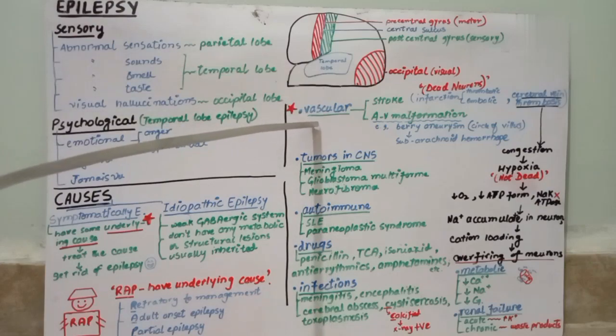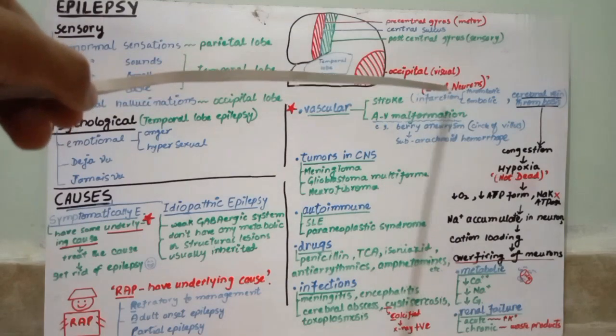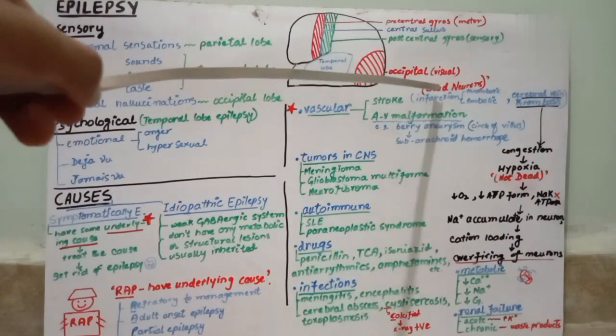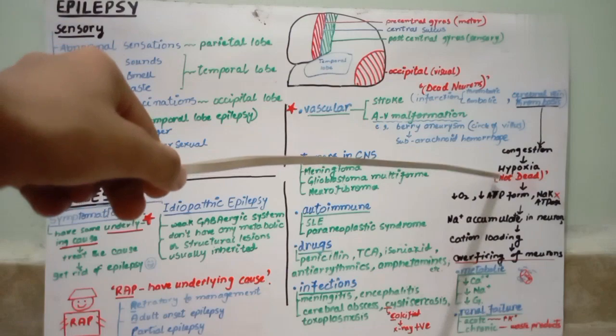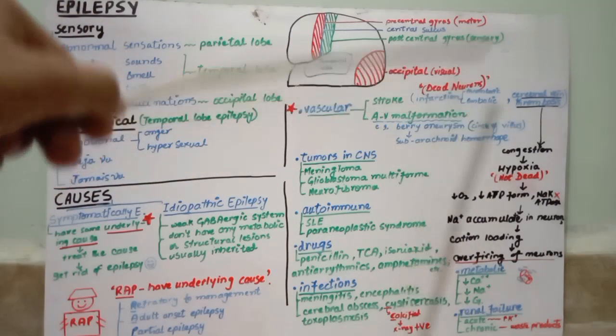Coming to the first, the vascular causes inside the brain that cause epileptic attacks. Say for example the stroke. I mentioned two words under stroke: the dead neurons and the not dead neurons, like compromised, and so compromised that they died.